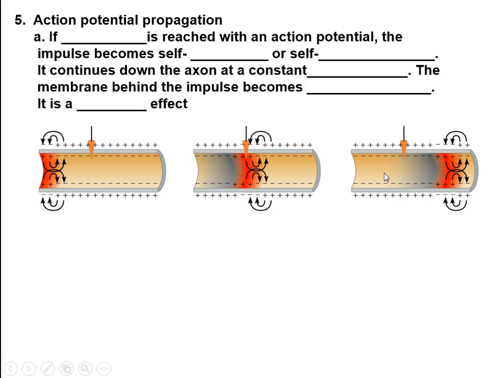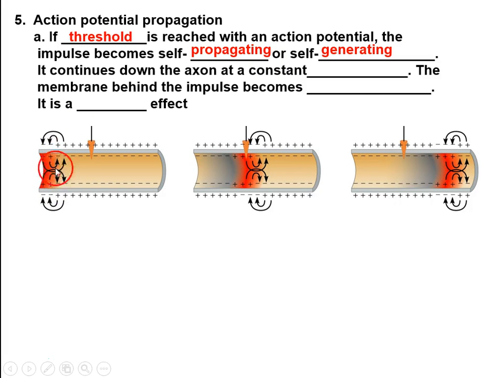Now, because they are voltage gates, action potentials can propagate down the entire length of the axon if threshold is reached. So if threshold is reached, with an action potential, the impulse becomes self-propagating or self-generating. It continues all the way down the axon.